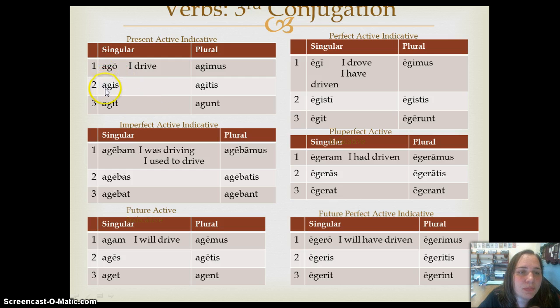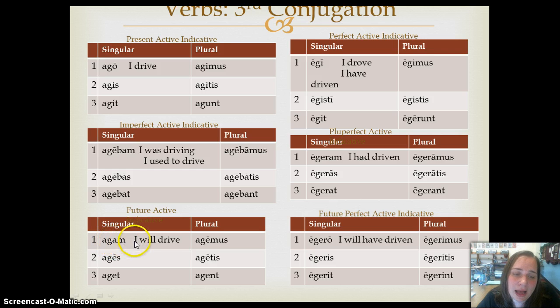After that you have your present stem, and it is the i that tells you that this third conjugation verb is in the present, okay? In the second and third singular, first and second plural, it is an i, and a u in the third person plural, present, active, indicative, okay?